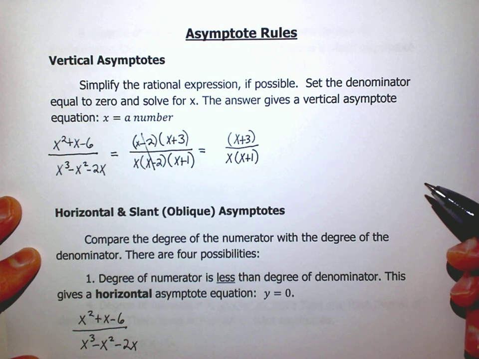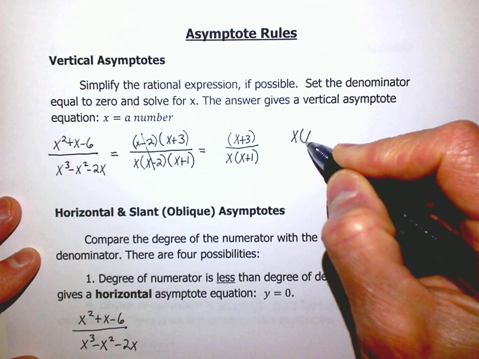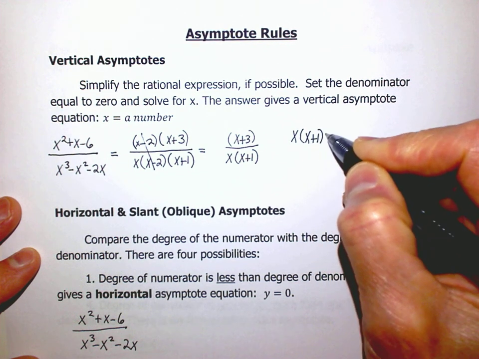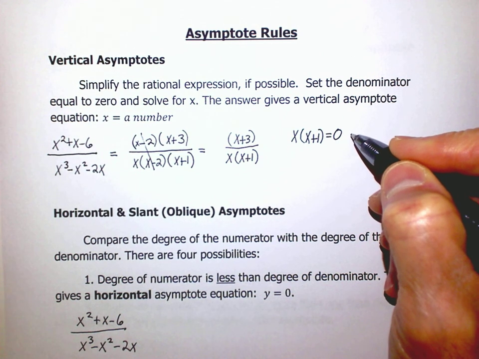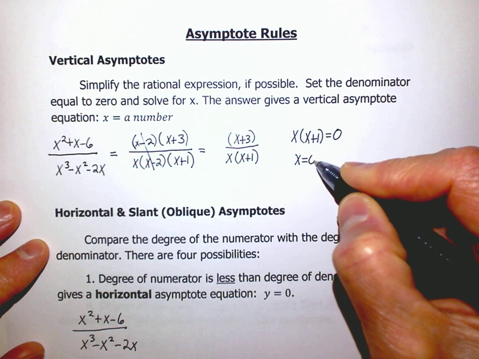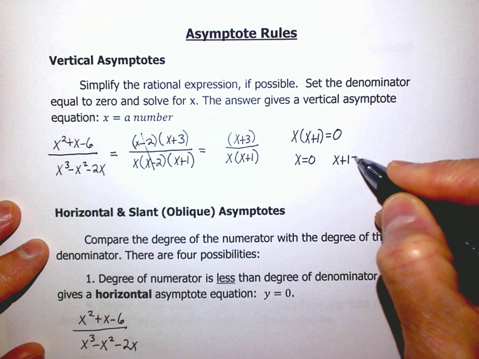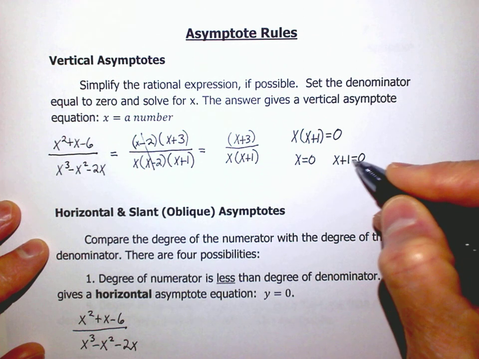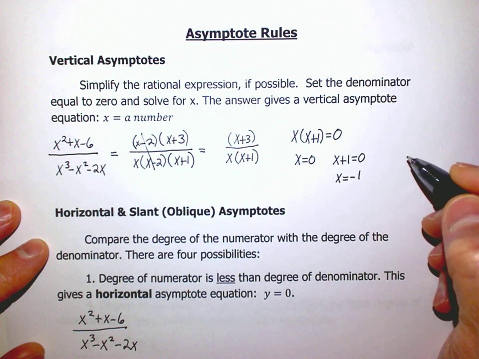Now we will set our denominator equal to 0. So our vertical asymptotes will be where x equals 0 and where x plus 1 equals 0. If we solve for x, we will have x equals negative 1.